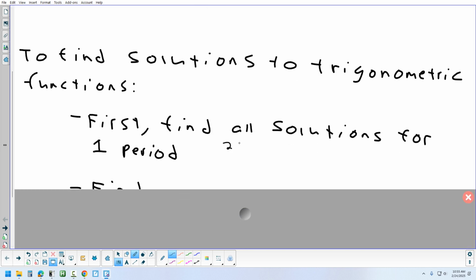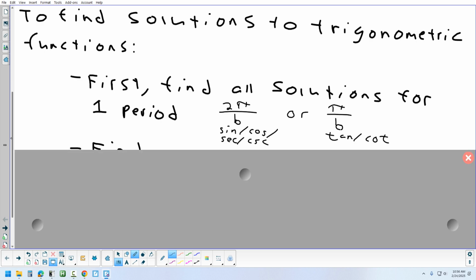It's either 2 pi over b or pi over b. 2 pi over b is for sine, cosine, secant, cosecant. The only ones that use pi over b are tangent and cotangent. If you're doing it in degrees, you'd use 360 over b and 180 over b.